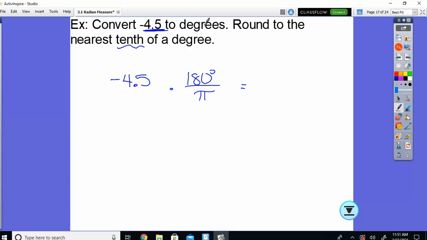So negative 4.5 times 180 divided by pi, using the pi button. I get negative 257.8, nearest tenth is 1 decimal, and you need a degree symbol. Any questions there?